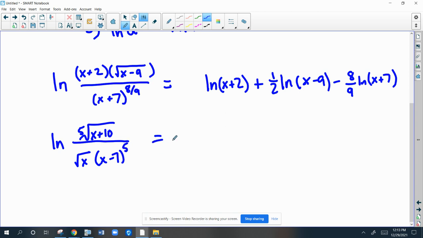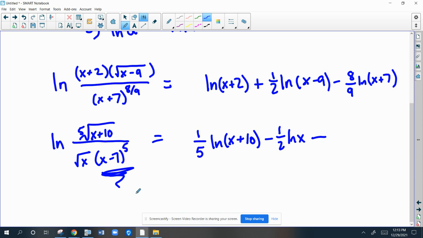This would expand to be, the top part is going to be positive, so positive 1/5, that's the exponent on the fifth root, of the natural log of x plus 10, then minus 1/2 natural log of x, that's on the bottom, and then again minus, taking care of the x minus 7 term because that's on the bottom. The exponent is 5 times the natural log of x minus 7.